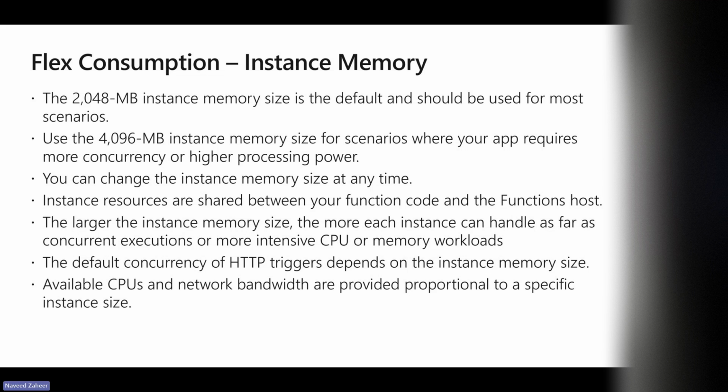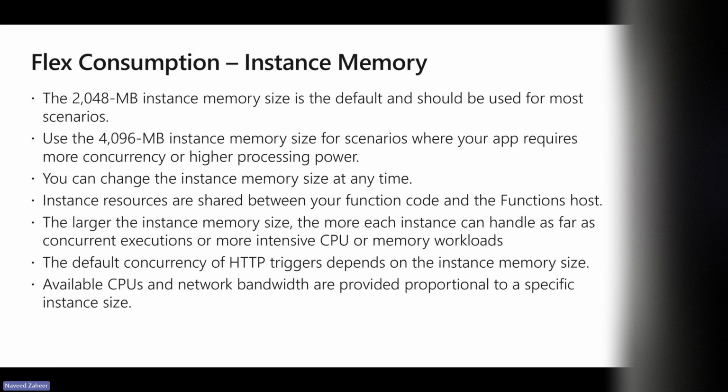Ideally, you can run multiple functions per instance, which you should do. But let's say that your function is memory intensive. In that case, you can set the appropriate concurrency, and it will run only that number of function instances per instance.